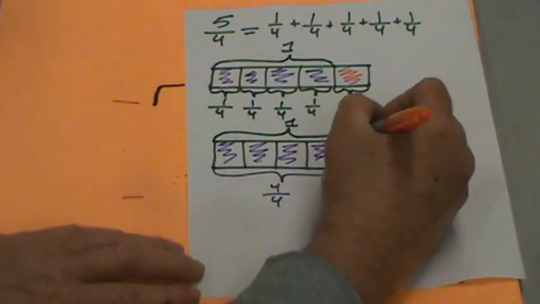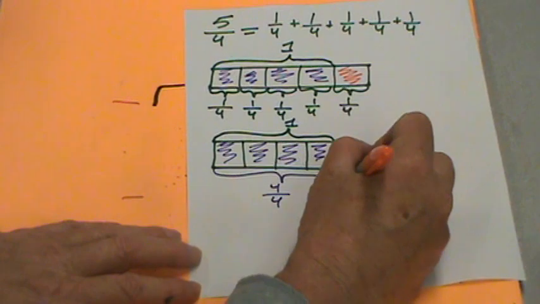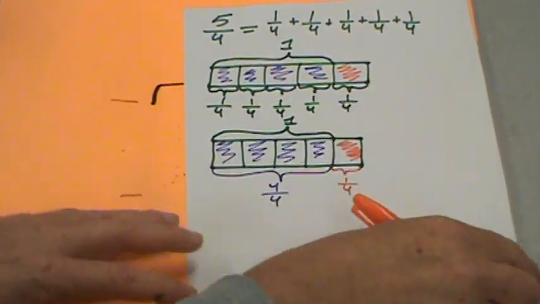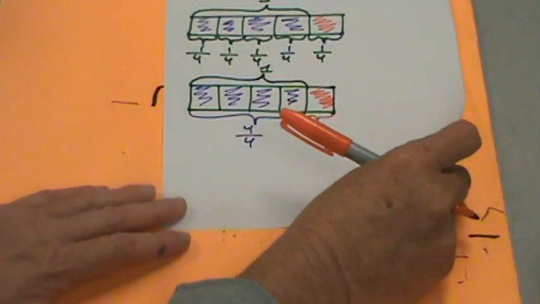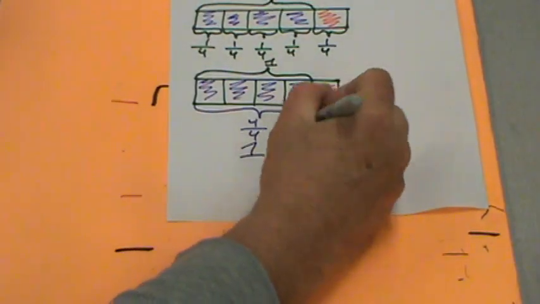And watch the beauty of this. This is going to be 1/4. So how could we write this as what we call a mixed number? That's going to be another phrase you're going to be hearing a lot. Well, think about this. 4/4 is 1, right? So I would say 1 plus 1/4.